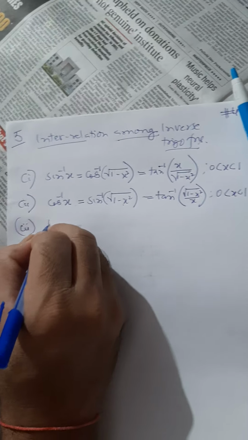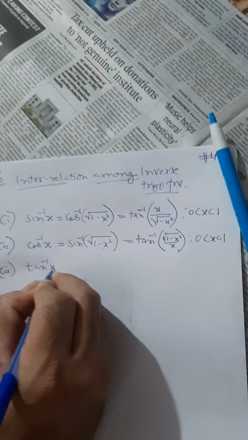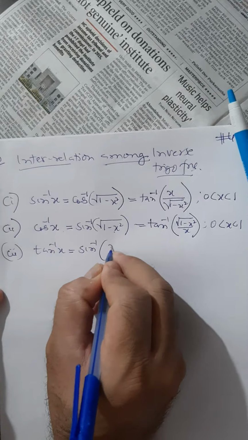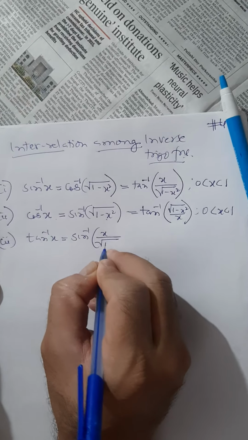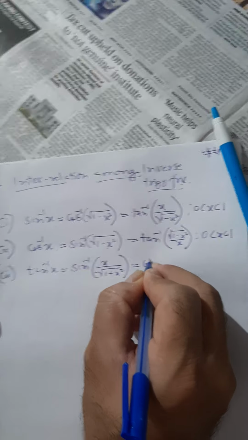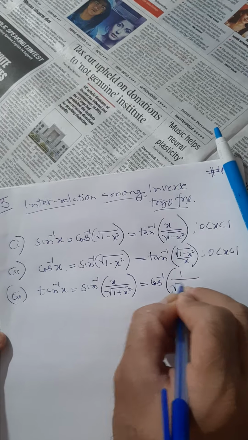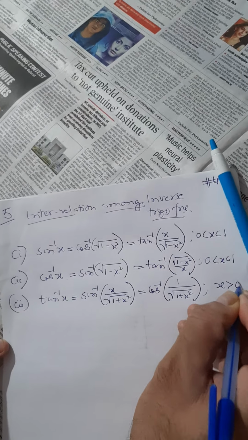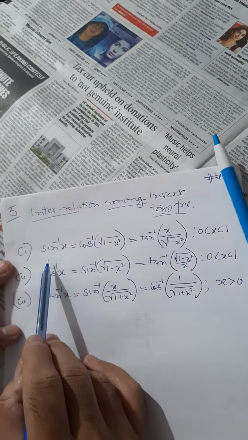Now reverse. From tan inverse we reduce to sine inverse and cos inverse. So sine inverse of x upon root of 1 plus x square, and cos inverse is nothing but 1 upon root of 1 plus x square. Here x is positive. This way you can convert.